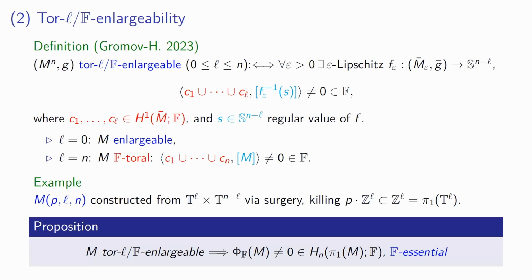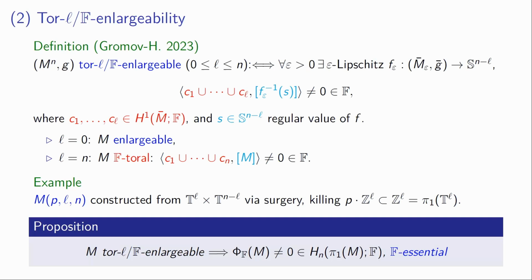So this new manifold will have fundamental group the product of the elementary abelian group of rank L, for the prime P, cross Z^(n-L).